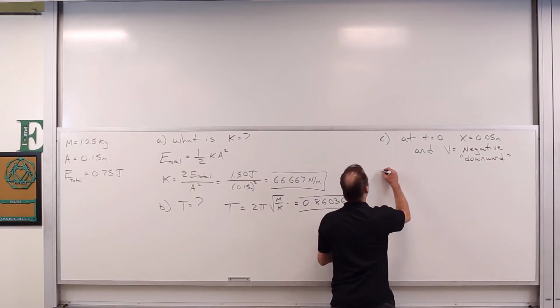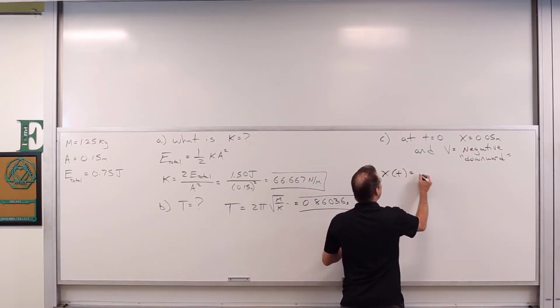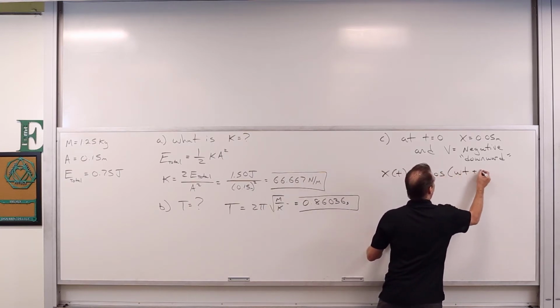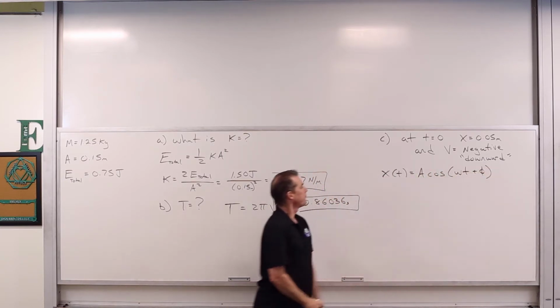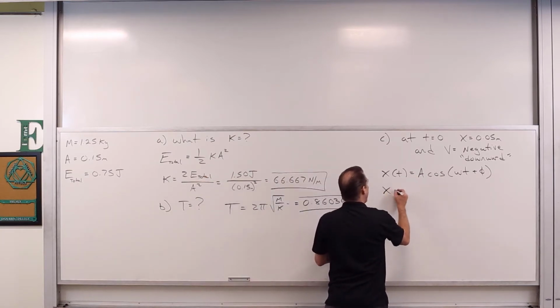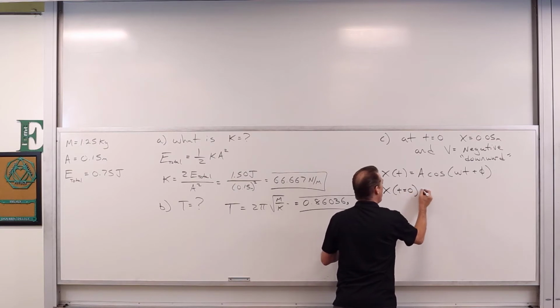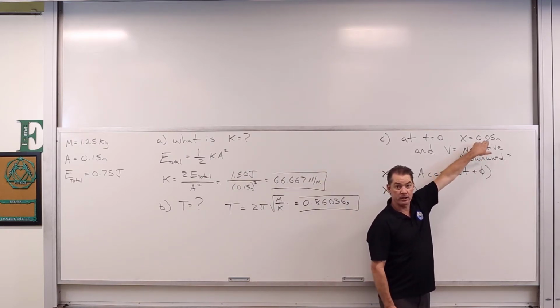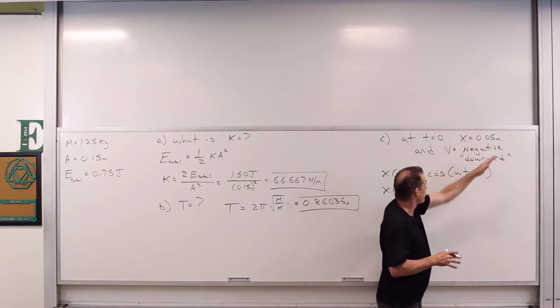How is that? Well, we know that x of t is equal to A times the cosine of omega t plus phi, right? Great. Well, now we evaluate this at t equals 0. x of t equals 0 we're told must be equal to 5 centimeters above the equilibrium position, so it's plus 5.